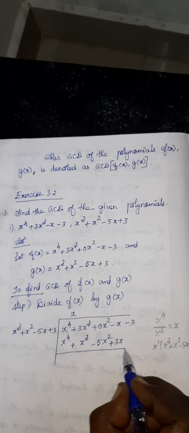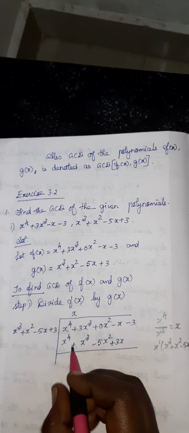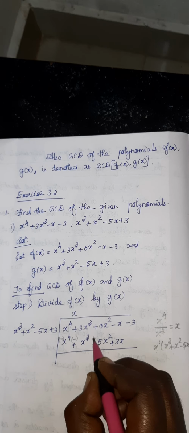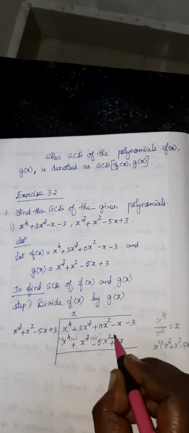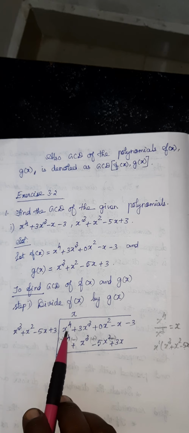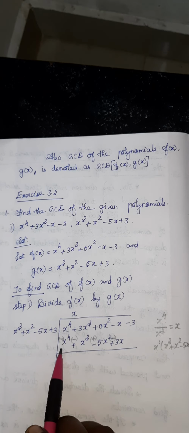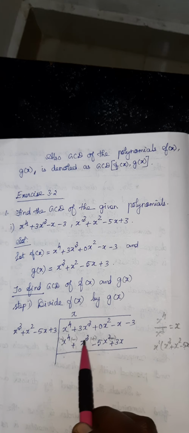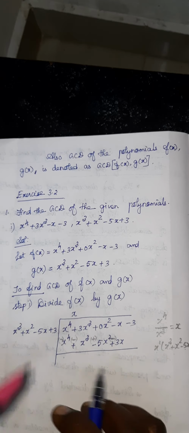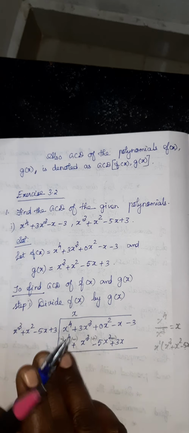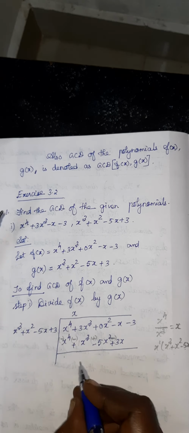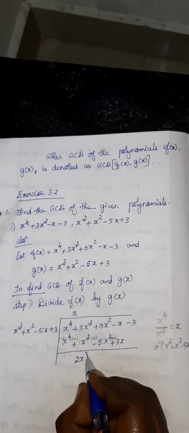Now normal subtraction. When you do the subtraction of the polynomial, you change the sign and do the addition. Okay, now x power 4 minus x power 4, it is 0 x power 4. 3x cube minus x cube, so 3 minus 1, 2x cube.